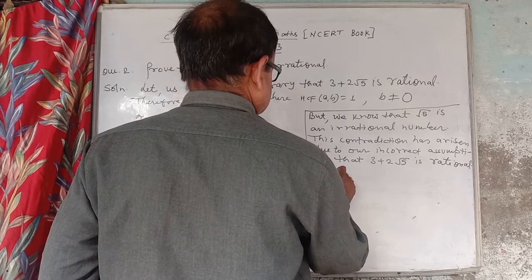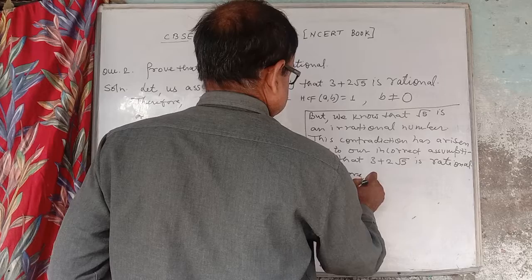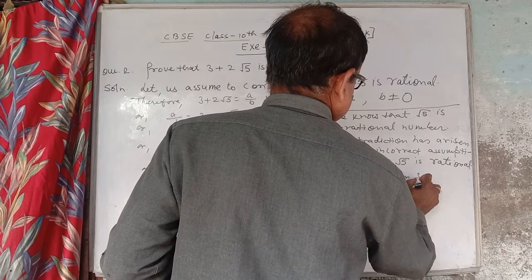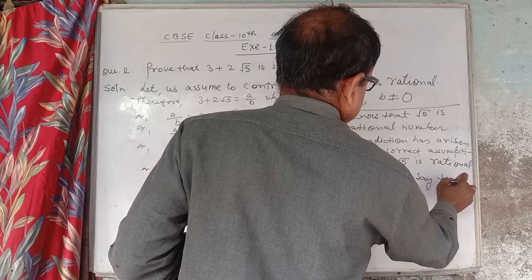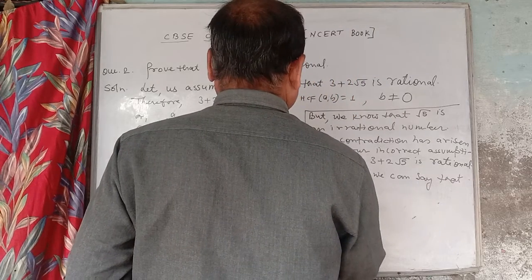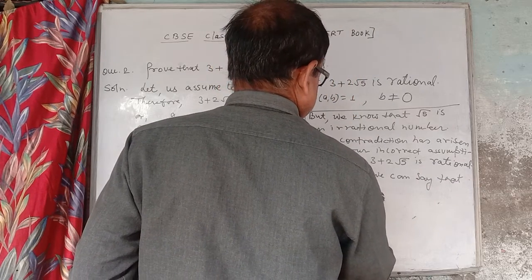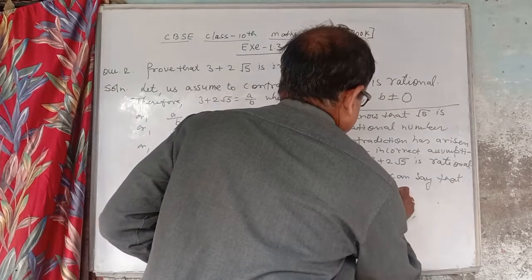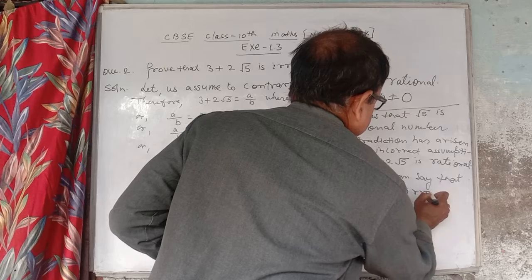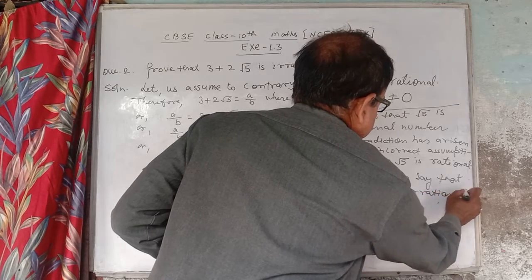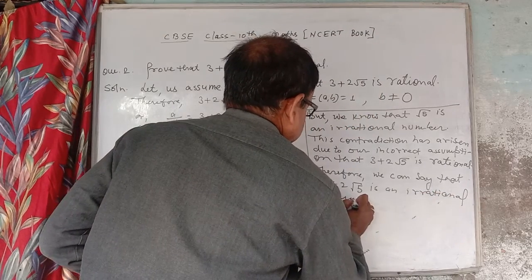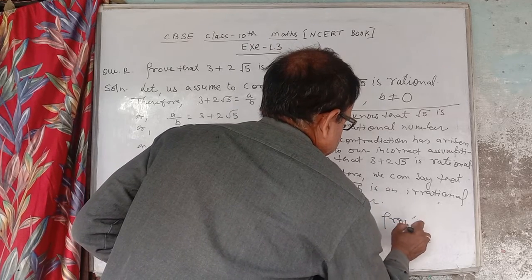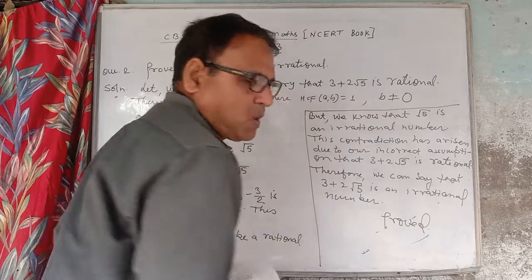Therefore, we can say that 3 plus 2 root 5 is an irrational number. Proof.